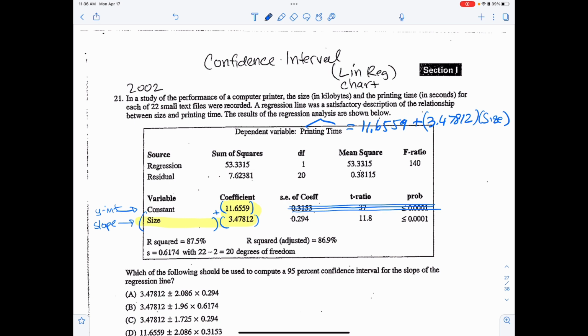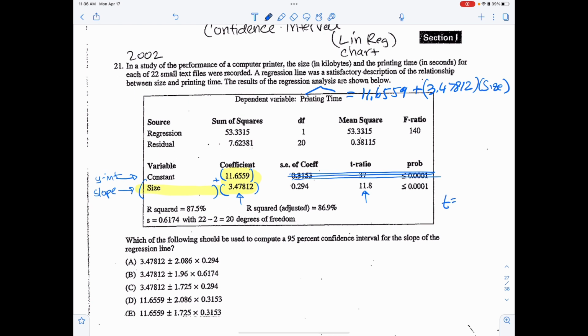This here is the standard error of the slope, and this here, of course, is my slope, and this here is the t-ratio. Remember, for my slope, I have my slope divided by standard error. Well, let's put this in.